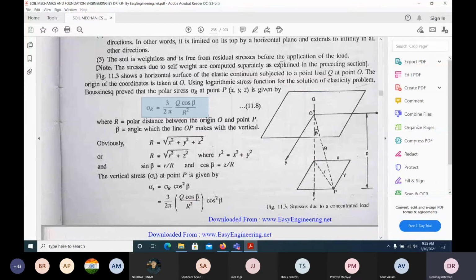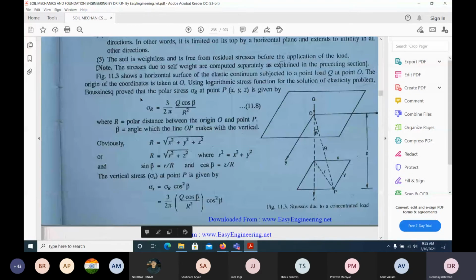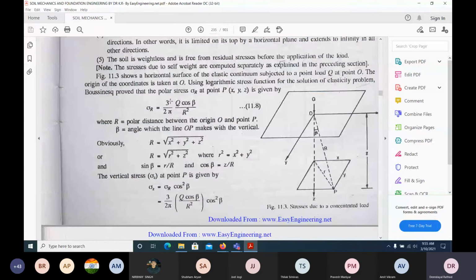He derived it, and in this book we are just seeing the equations. This stress at a point P can be written as 3 by 2 pi Q cos beta by R square. Where R is the polar distance between the origin O and P, and beta is the angle which OP makes with the vertical.